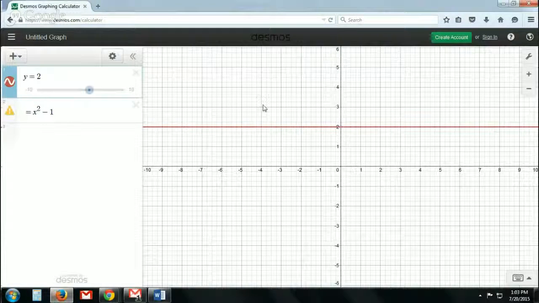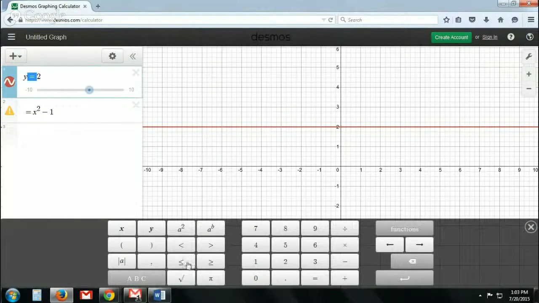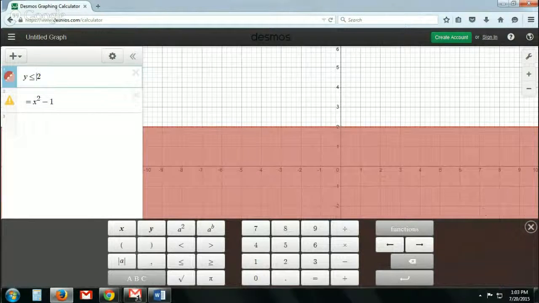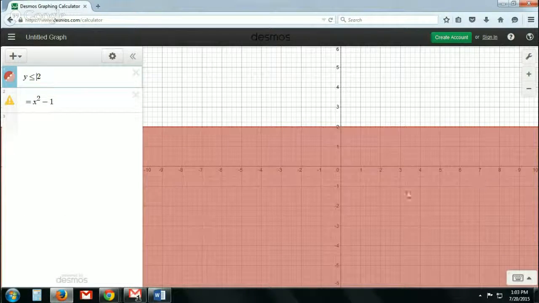So y equals 2 is this horizontal line. Now, where things that are less than or equal to that, it includes the line, and it is also going to be stuff that would be below the line. So when we make it y less than or equal to 2, it would look like this. Below the line is true for y less than or equal to 2.